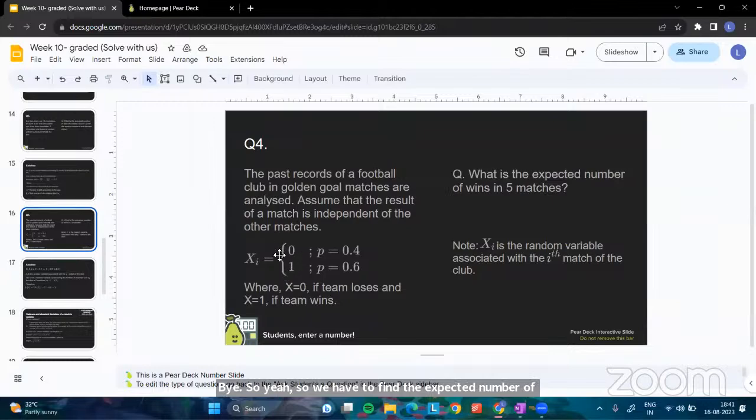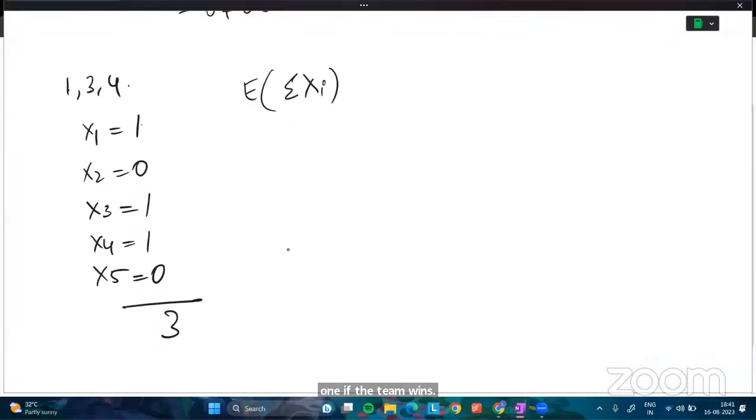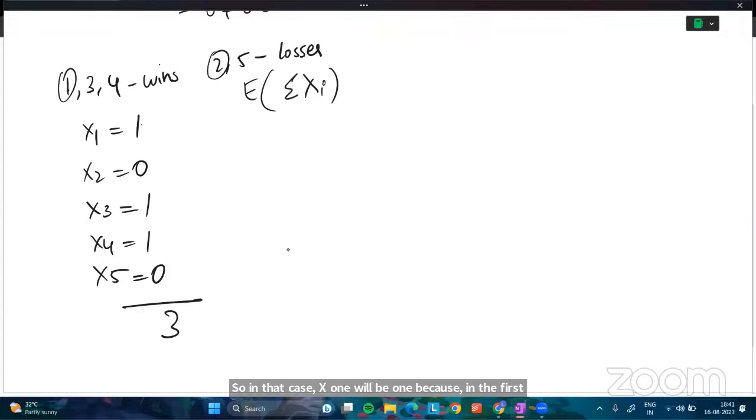Here we're saying it's 0 if the team loses and 1 if the team wins. If we're considering the situation where these 3 are the wins, that means 2 and 5 are the losses. In that case, X1 will be 1 because in the first match they won. X2 will be 0 because the second match was a loss. Similarly, X3 is 1, X4 is 1, and X5 is 0.